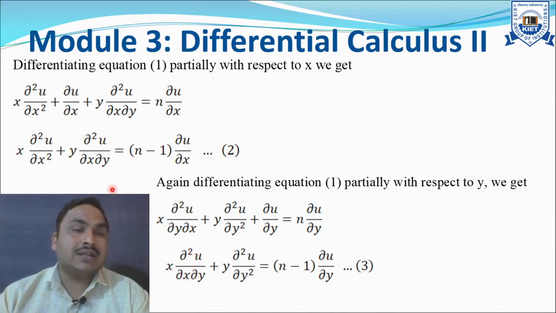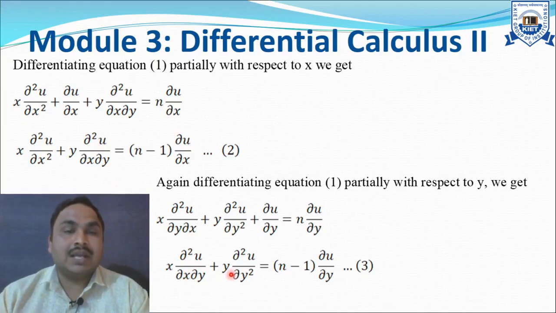If I add these two, they will be twice, since both are the same, and in this term after multiplication I will get y² ∂²u/∂y². And on the RHS, n minus 1 is common in both and will be taken common, with x ∂u/∂x from this and y ∂u/∂y from this.